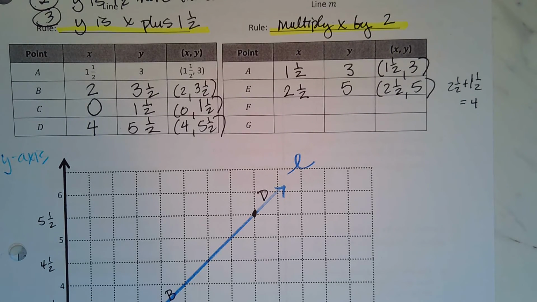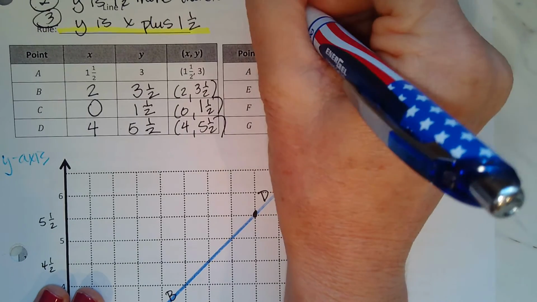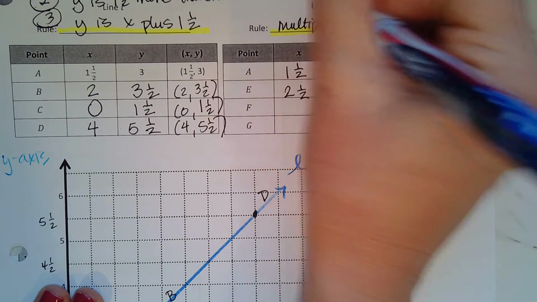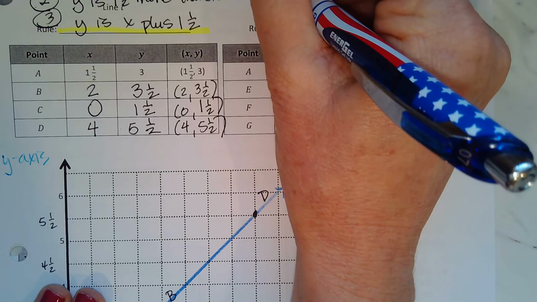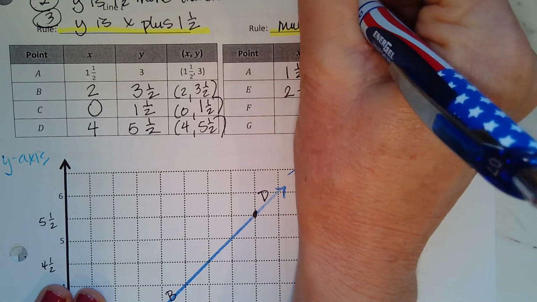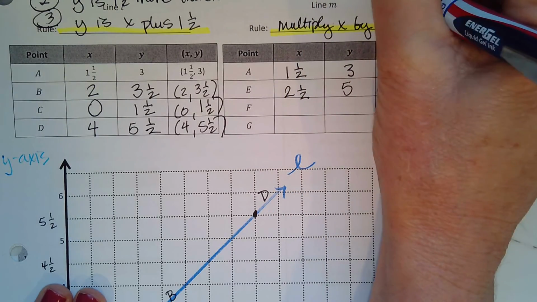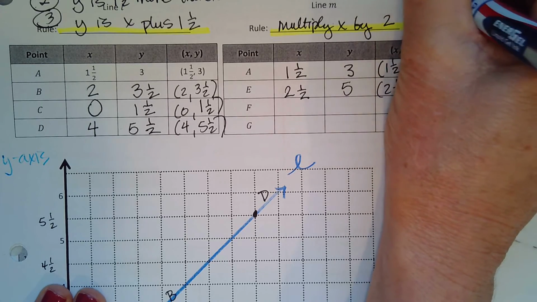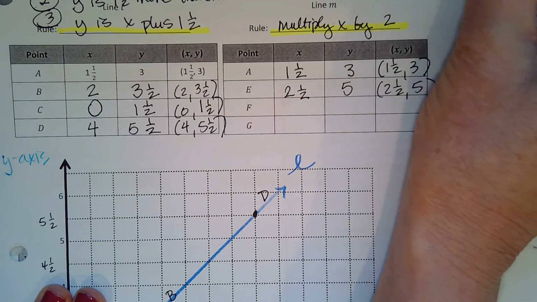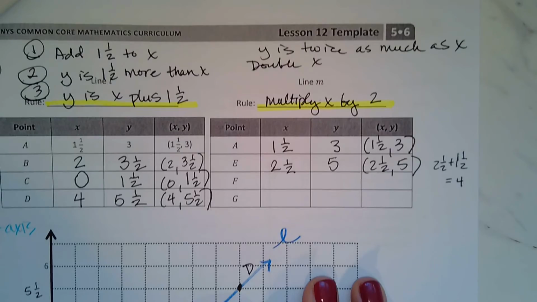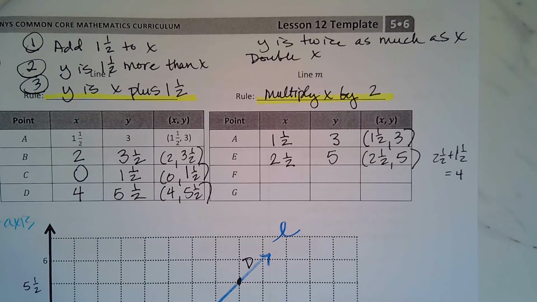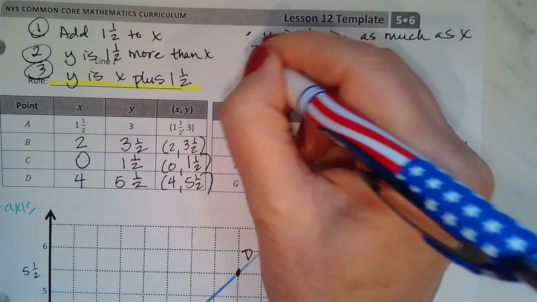So multiply by 2, you could say double x. You could also say y is twice as much as x. You could say double x.